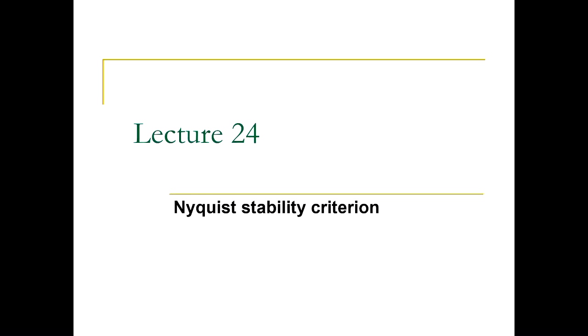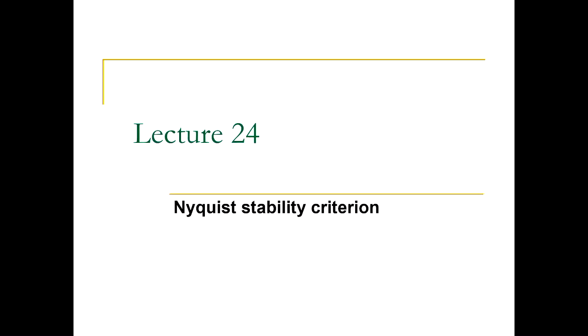Last lecture, yesterday, we talked about Cauchy principle of argument. We also indicated how Cauchy can be used for Nyquist stability criterion. We didn't go into details, it was just a prelude, an introduction.